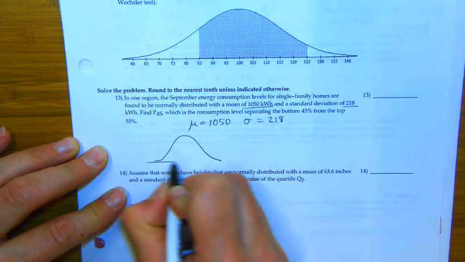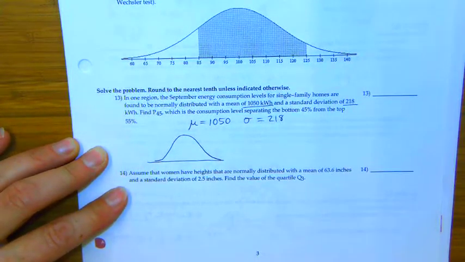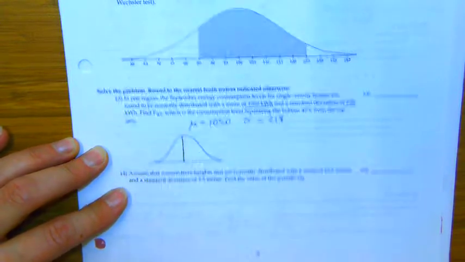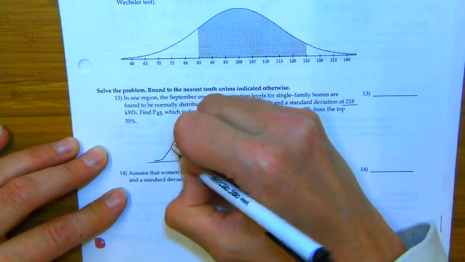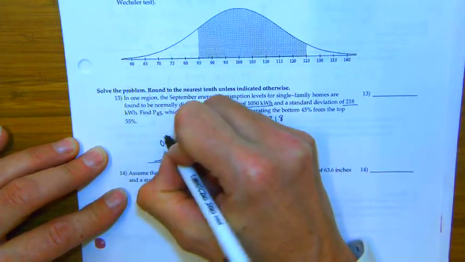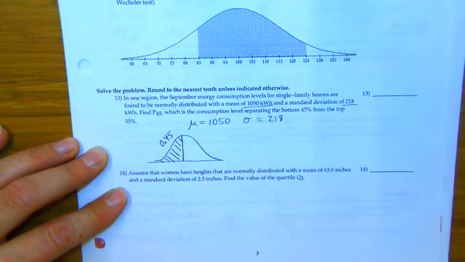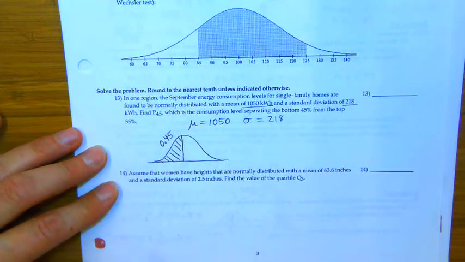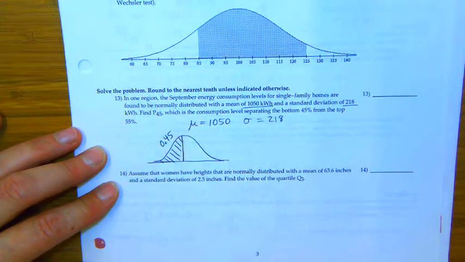So remember, our first step is to draw our curve. We're going to shade in the region, so 45% is just slightly less than half. So this is my bottom 45%, which is 0.45. Okay, so the idea is, if I use the table or if I use the inverse norm, it's going to give me a z-score, and then I can convert it.